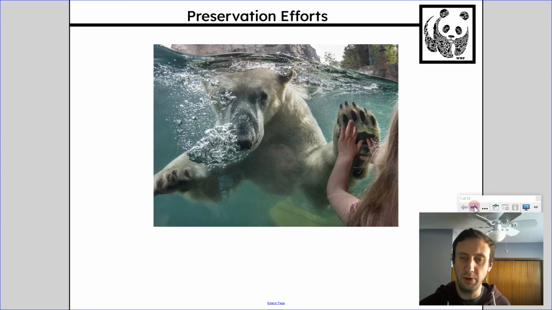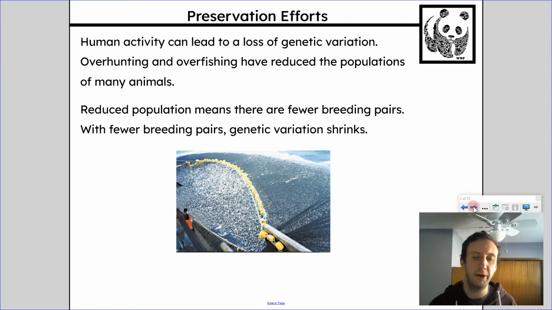To begin with, I want to talk a little bit more about how human activity is bad and negative before we get into the preservation stuff. Human activity can lead to a lack of genetic variation. And what you learned is that when we have less genetic diversity, species are less able to adapt to changes.